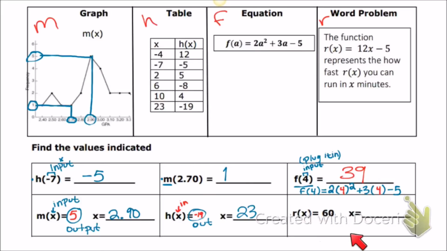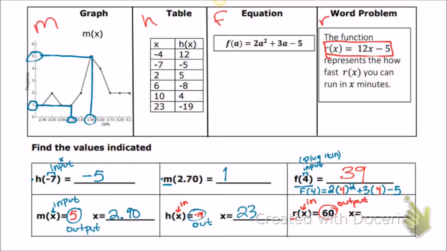Alright, R of X equals 60. Okay, so now we have a function named R. We need to use this function over here. So let's see, are they giving us the output or the input? Well, they're not giving us the input. They gave us the output, okay?